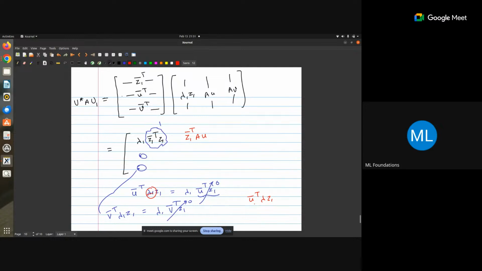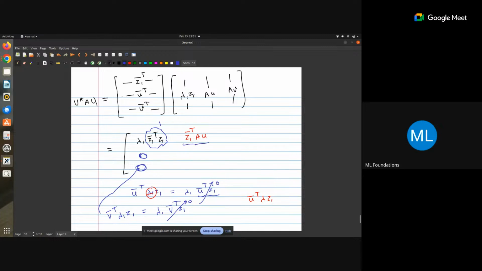So if z1 is orthogonal to u, then lambda 1 z1, which is along this line, will either stretch or shrink depending on the value of lambda, but it will always be orthogonal to u. That's why we could say definitely that these two quantities are zero.